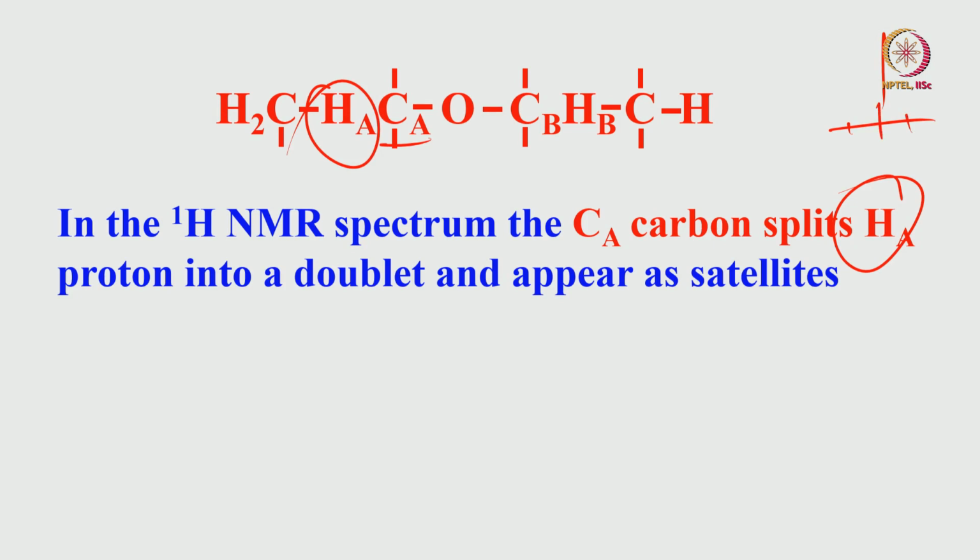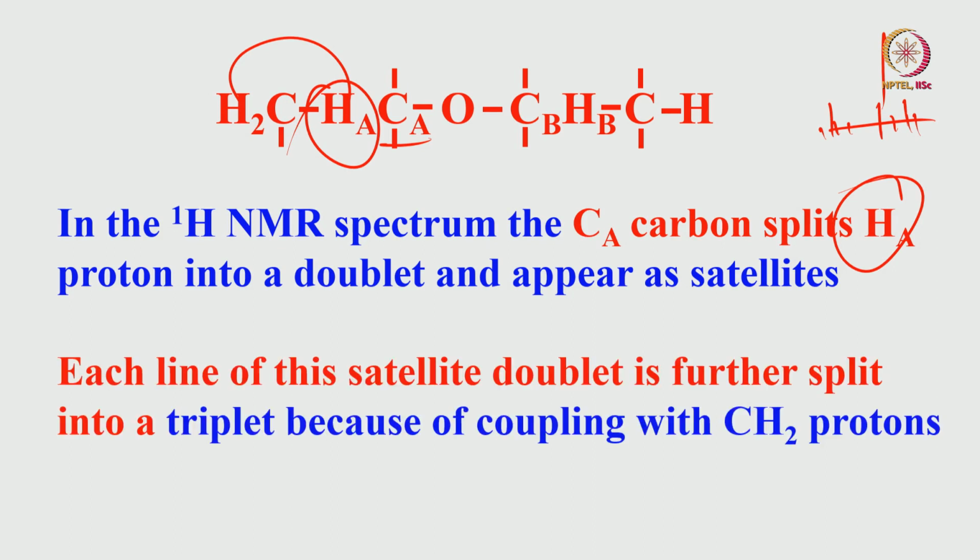But this satellite also has coupling to this, and each of them will be a triplet. This is what we observed and analyzed, and got the HH coupling from the satellite spectrum. Each line of the satellite doublet is further split into a triplet because of coupling with the CH2 protons. Okay? This is the situation.